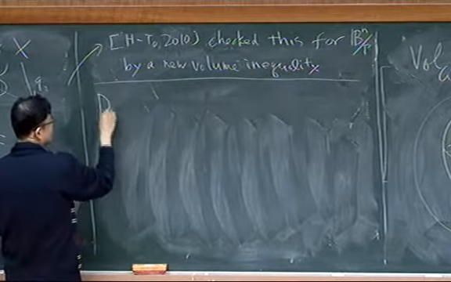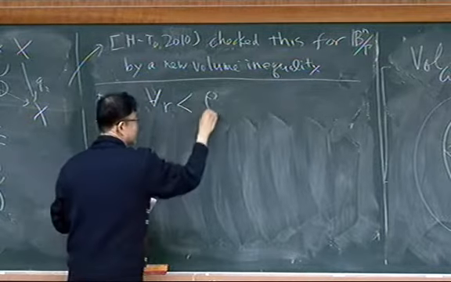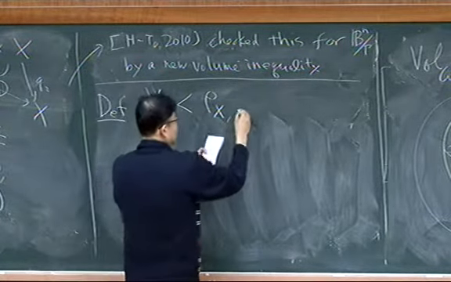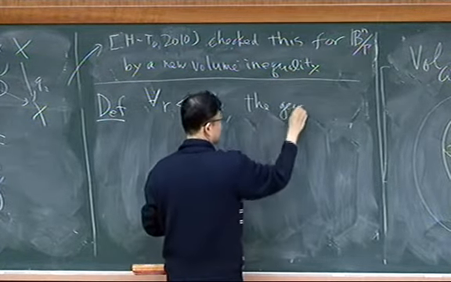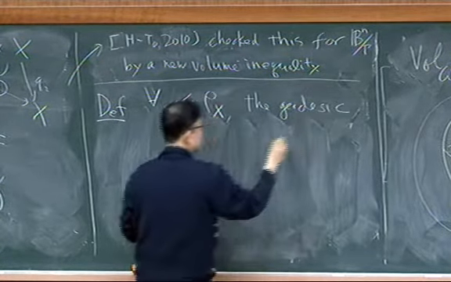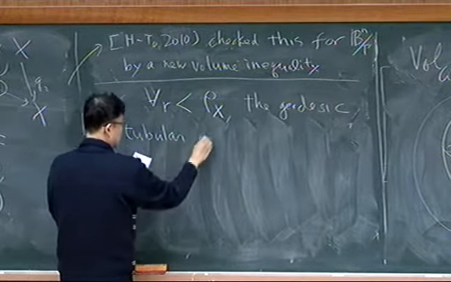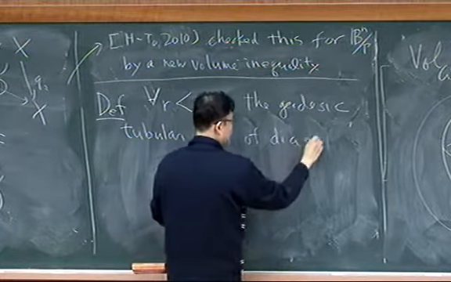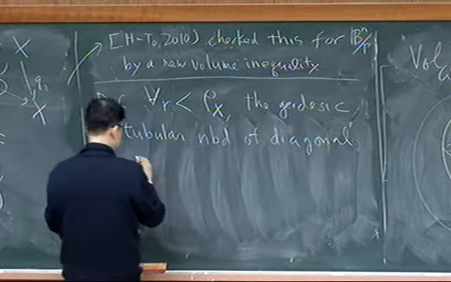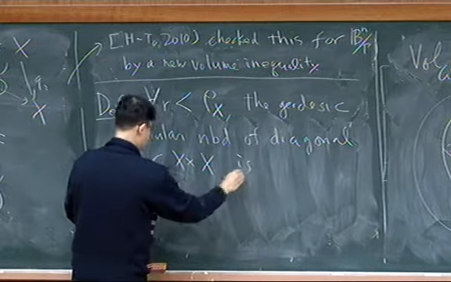So we need to make some definition. For each R less than the injectivity radius, we define the geodesic tubular neighborhood of the diagonal by the following.